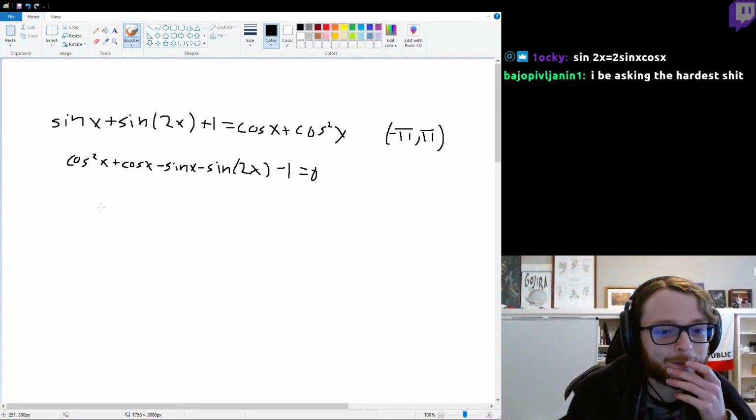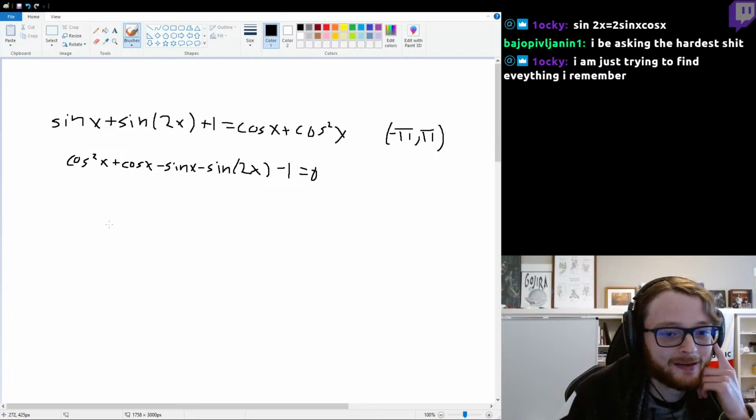Yeah, Lucky, we were trying that one too. I tried about every identity that I could think of, including some super vague cotangent identity that I thought, oh, maybe this will help us.